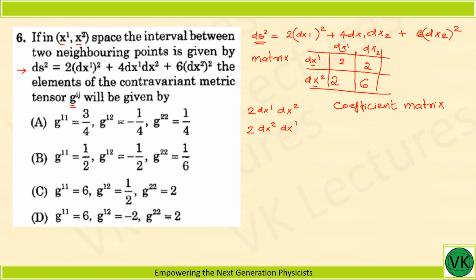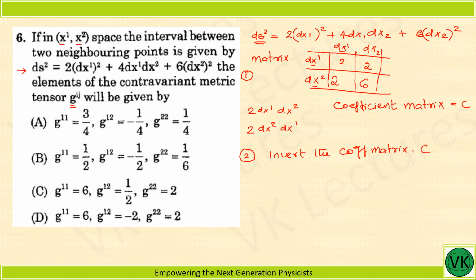Now the next step. The first step is to find the coefficient matrix. The second is to invert the coefficient matrix. Let us name this matrix C. So the coefficient matrix C we are going to invert.